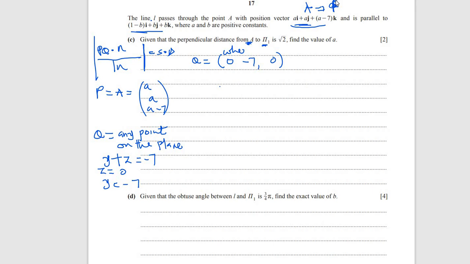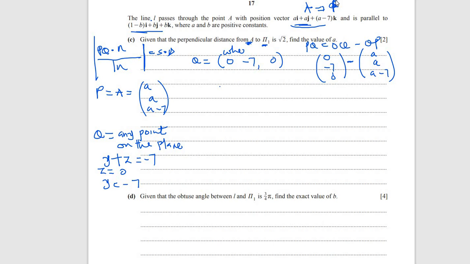So let me use the formula by finding PQ. PQ is OQ minus OP. OQ is point Q, (0, minus 7, 0), minus OP. OP is point P, that's (A, A, minus 7). So I'm subtracting them.